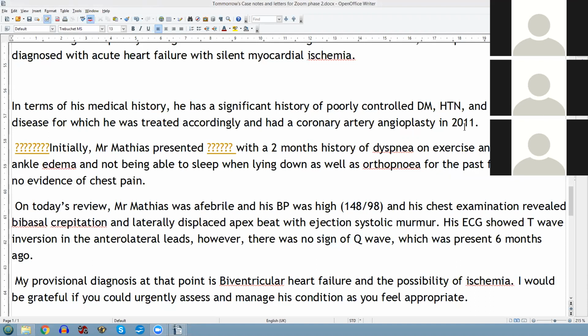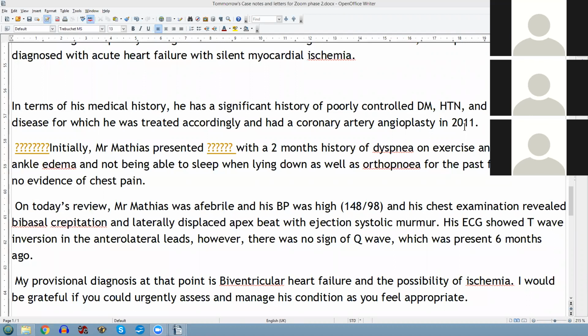If whoever had written this had done 270, 280, 250, and it was far too long, then redundancy or tautology could be taken into account. But this is pretty good. I mean, it's concise, it's direct, it's to the point.